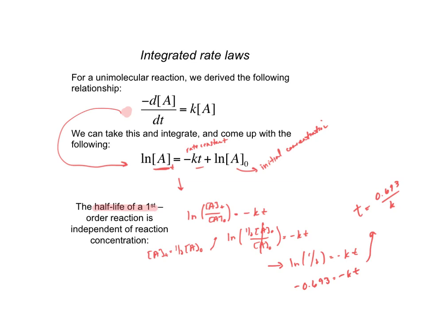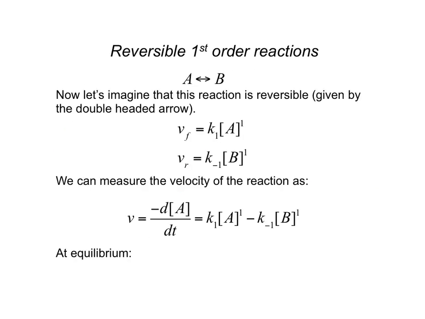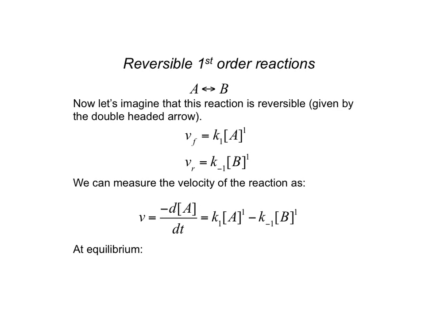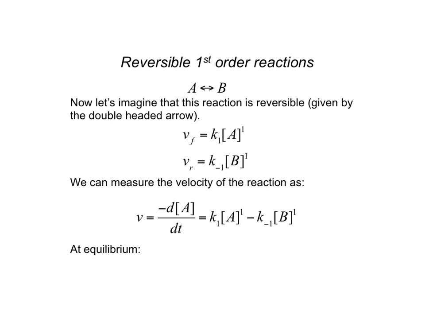also irreversible. What happens if we make this reaction reversible? So let's imagine that we do have a reversible reaction, okay? So in this reversible reaction, we have a reaction that has a rate constant forward, and we also have a reaction that has a rate constant in the reverse, okay?